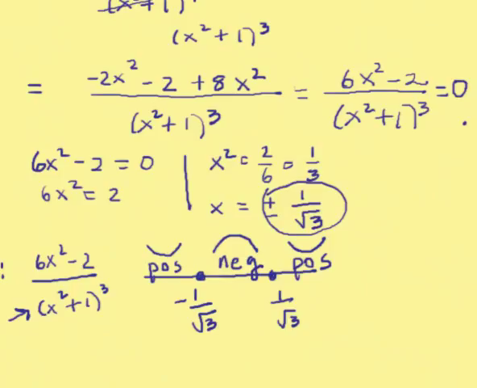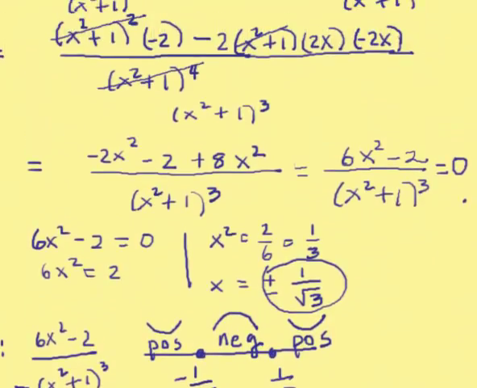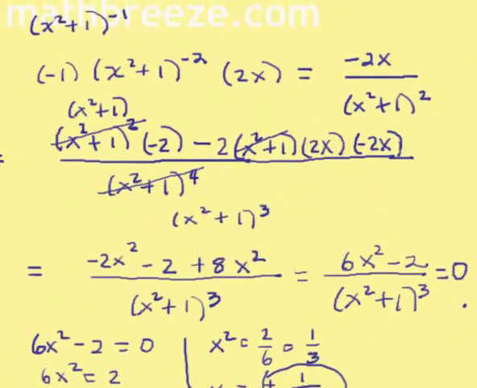So we have to substitute back into the original function to get the y values. Let's just remember what we're substituting into, 1 over x squared plus 1.